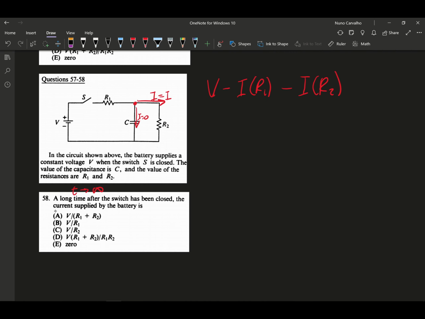And this is all going to be equal to 0 because this loops around like that. Okay, so then we can just combine the I's, which is to say that I is going to be equal to V over R1 plus R2. So that means the right answer is A, which is the correct answer.